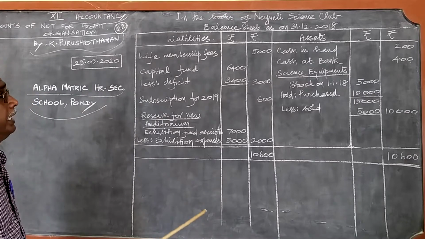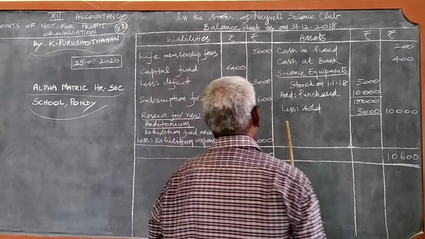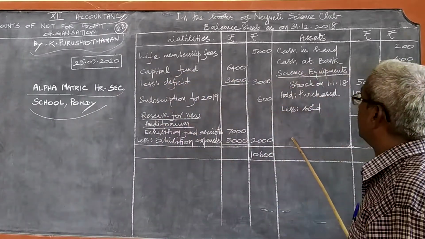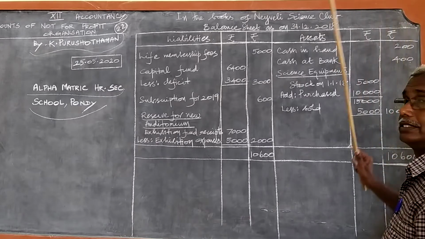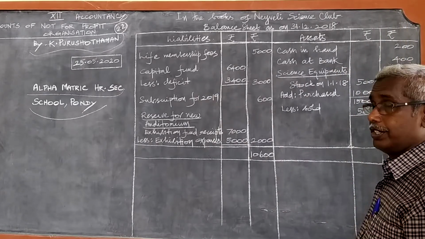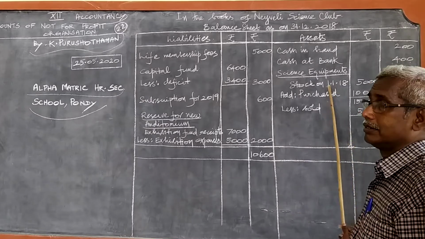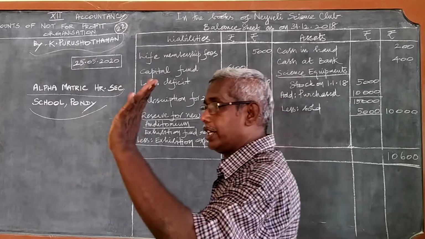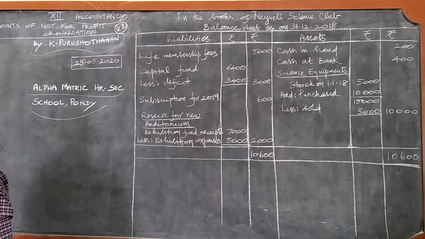The very first item given under payment side as balance carried down is cash in hand and cash at bank. The very next item there is science equipment.